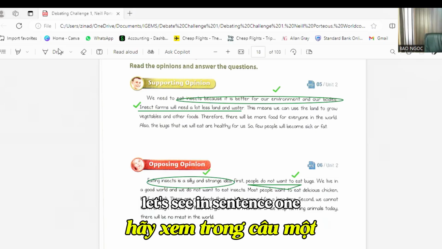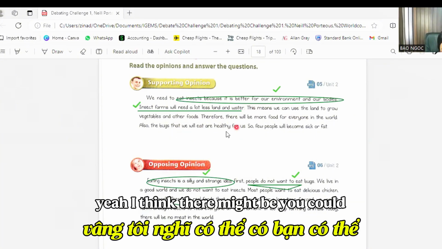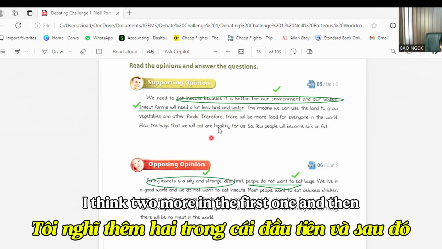Let's see, in sentence 1. Yeah, I think there might be, I think 2 more in the first one.